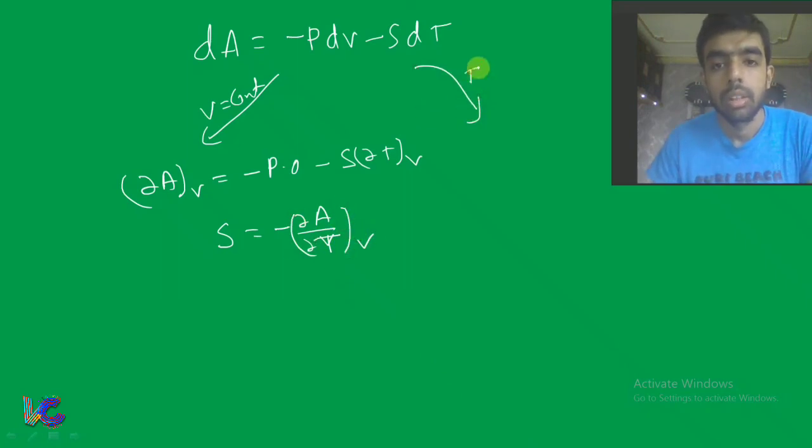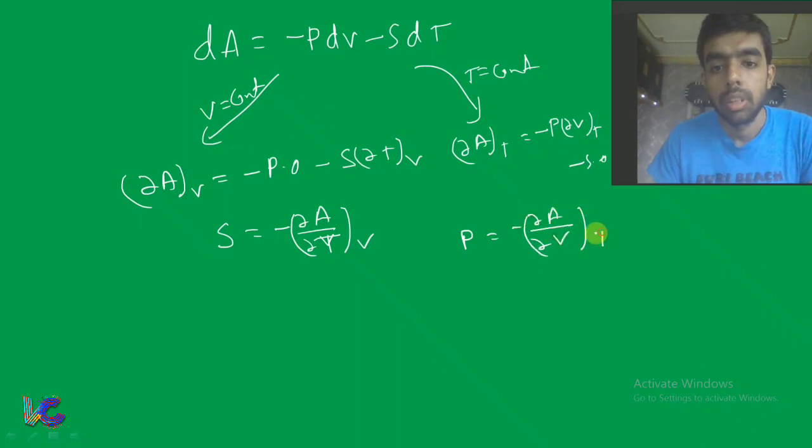Here you put T equal to constant. So del A at constant T equals minus P del V at constant T minus S into 0. So P you get minus del A del V at constant T.